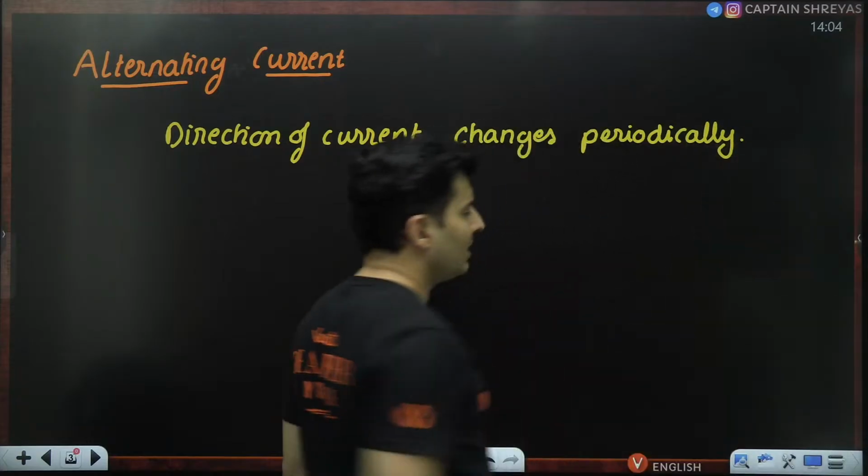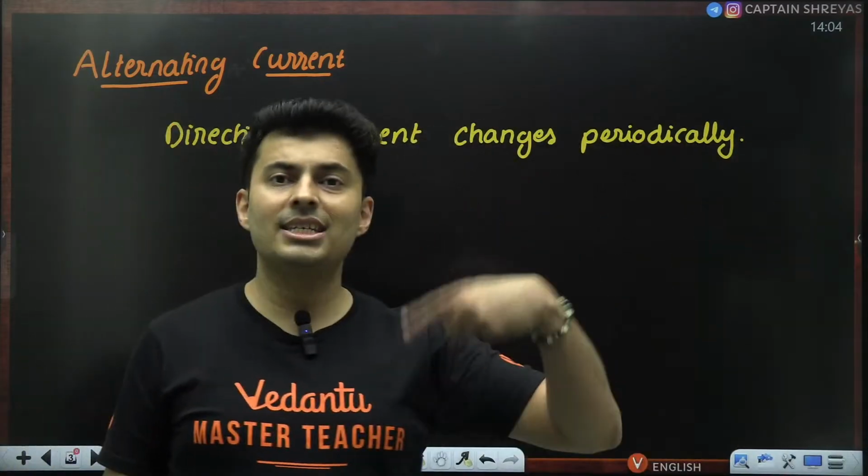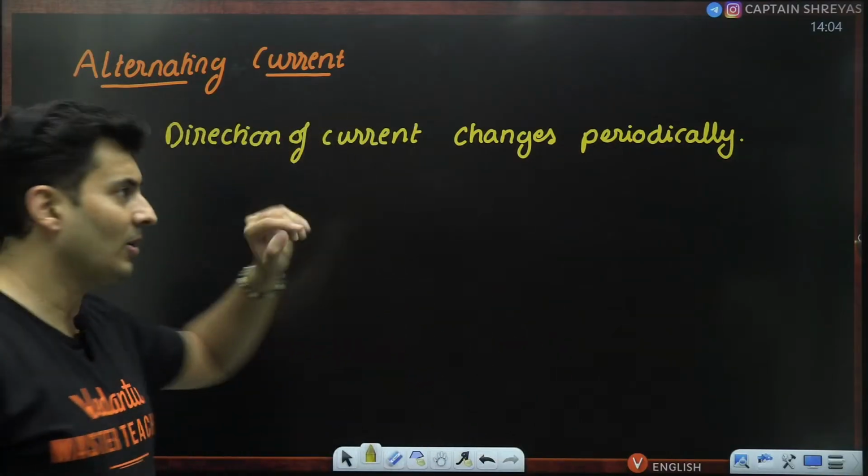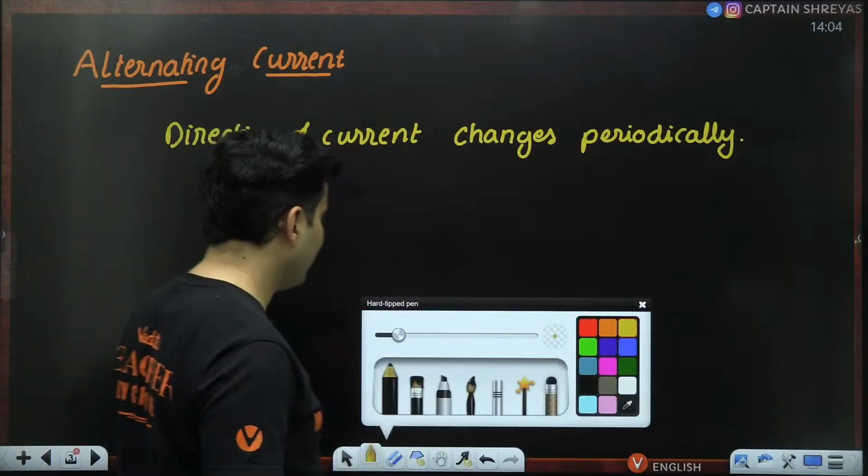It might be of constant value or not a constant value, but it changes with time. Once it goes clockwise, then anti-clockwise, clockwise, anti-clockwise. That is basically called alternating current.